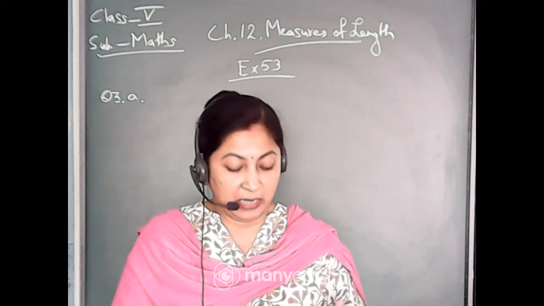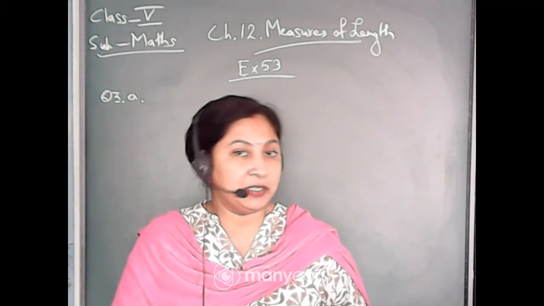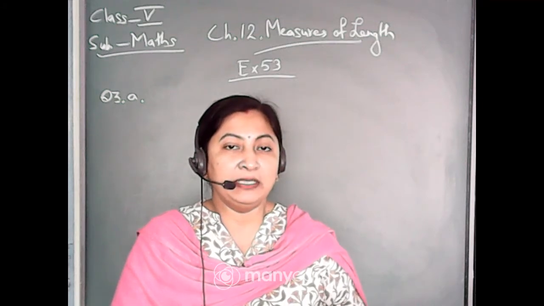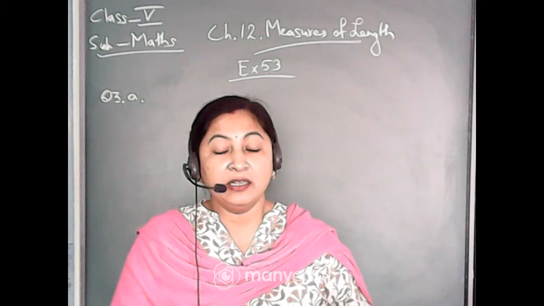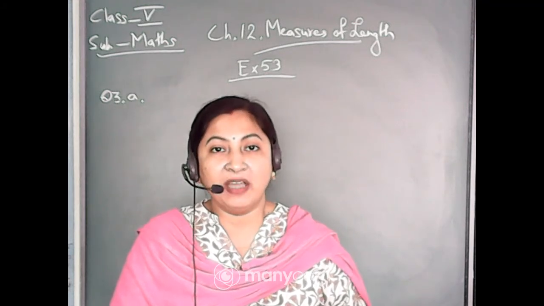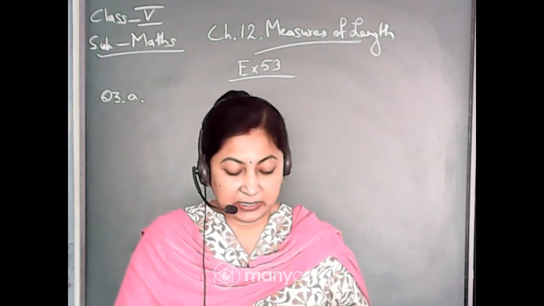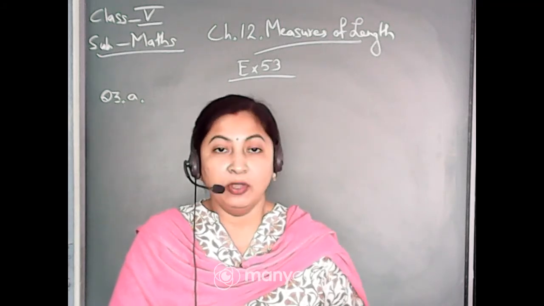So kilometer, hectometer, decameter, meter, decimeter, centimeter, and millimeter. I think I have told you how to memorize this: King Henry died, Miss Mary did not cry much. This is the way to memorize these units from higher to lower.